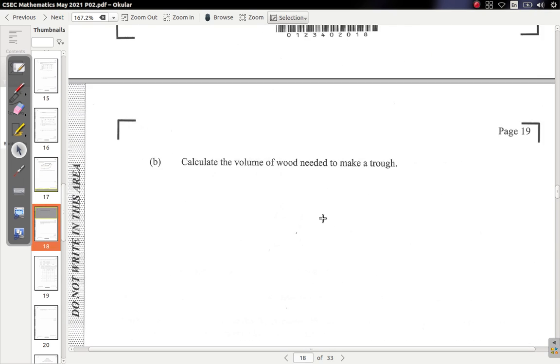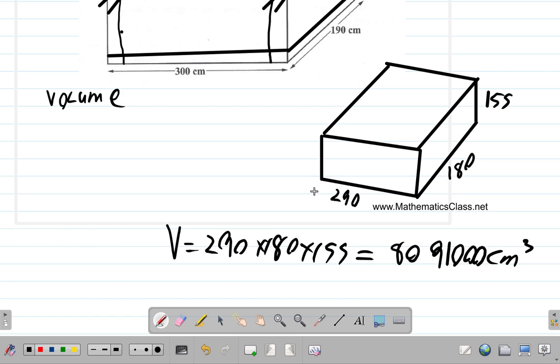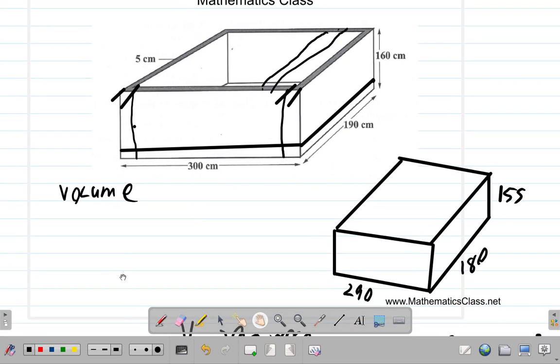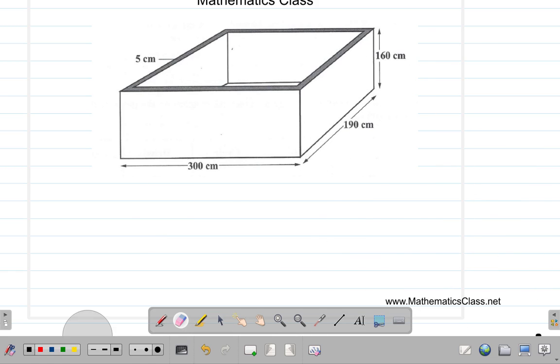After that, the question says calculate the volume of wood needed to make a trough. Alright, you want the volume of wood needed to make a trough. Let me just rewrite this here.